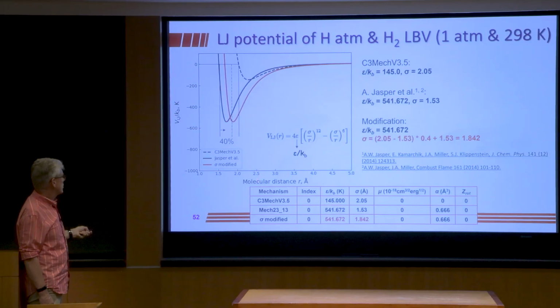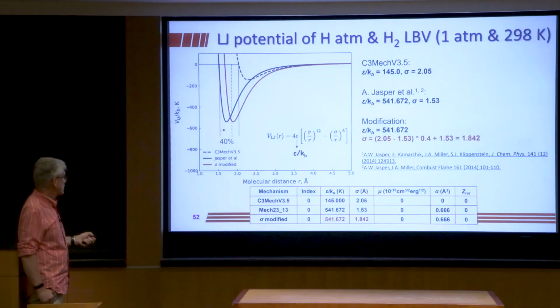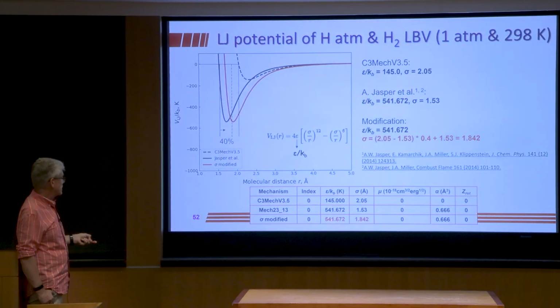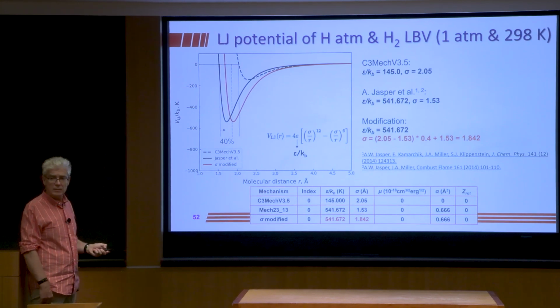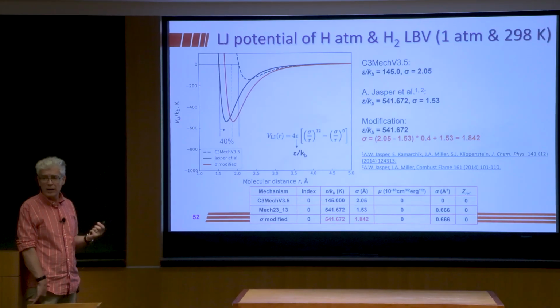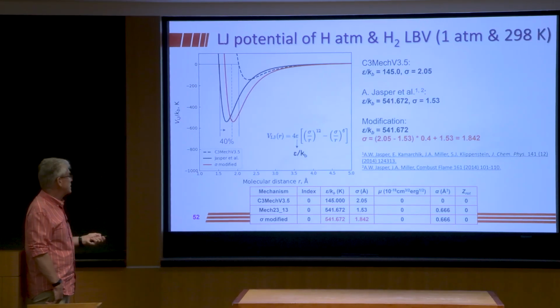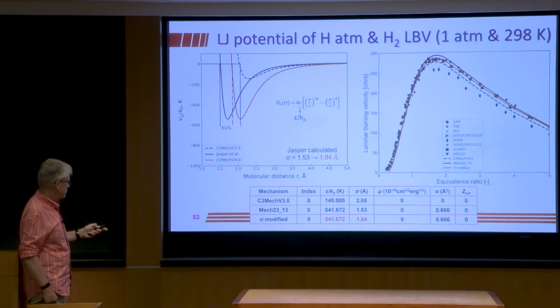So what we did was we kept the energy well depth for the interaction the same, but we changed the interatomic distance at which the potential energy of interaction is equal to 0 to be 1.842 angstroms, as compared to 1.53 angstroms. When we did that, we get this prediction.